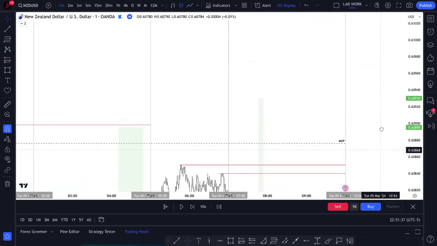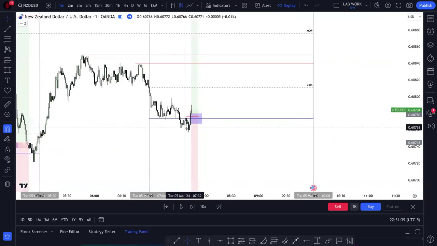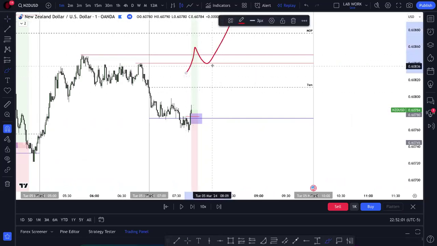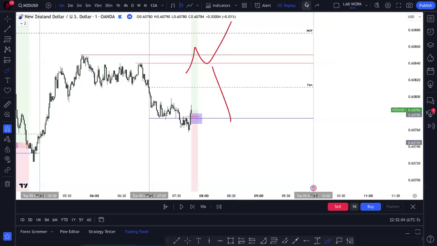But just the kill zone itself, based on the idea of raiding sell stops and looking for price to go higher, and buying some type of entry down here below 7 a.m., the trade idea becomes a lot more successful. The rate of this trade winning becomes a lot higher. It's not that you're selling up here or buying up here, because we know there might be pullbacks that we can't stand if price gets up there.